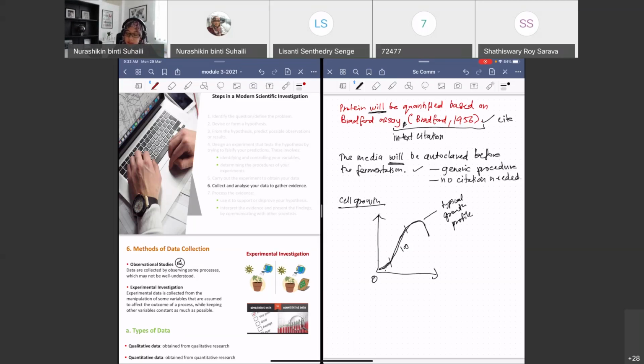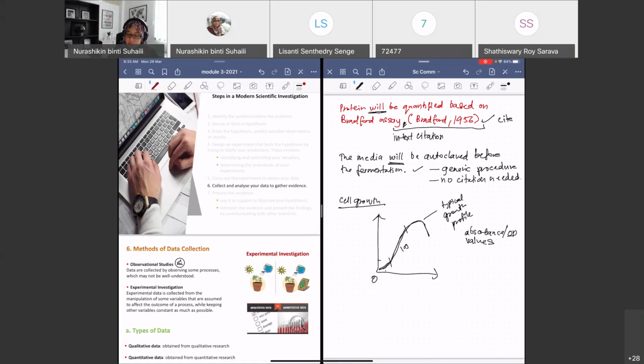So this will be reflected in the absorbance, the OD values. Whenever you take the samples, you check the OD. In an ideal growth, it will show the increase of the OD, the absorbance.